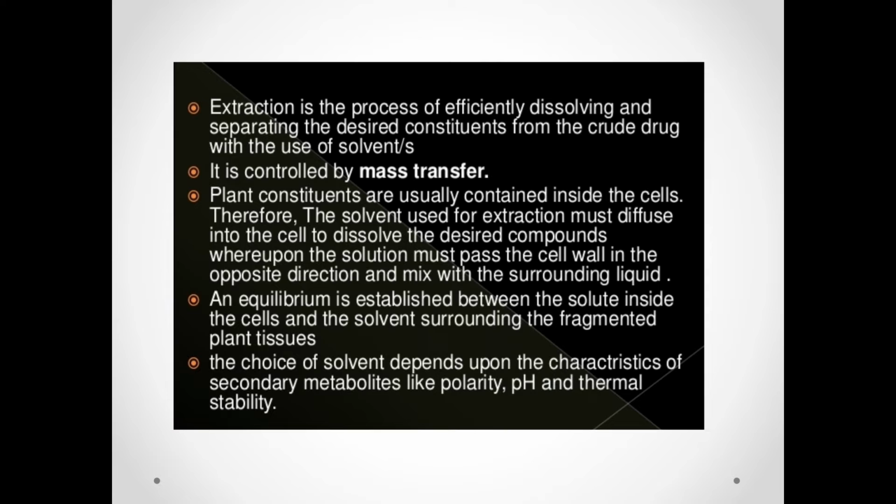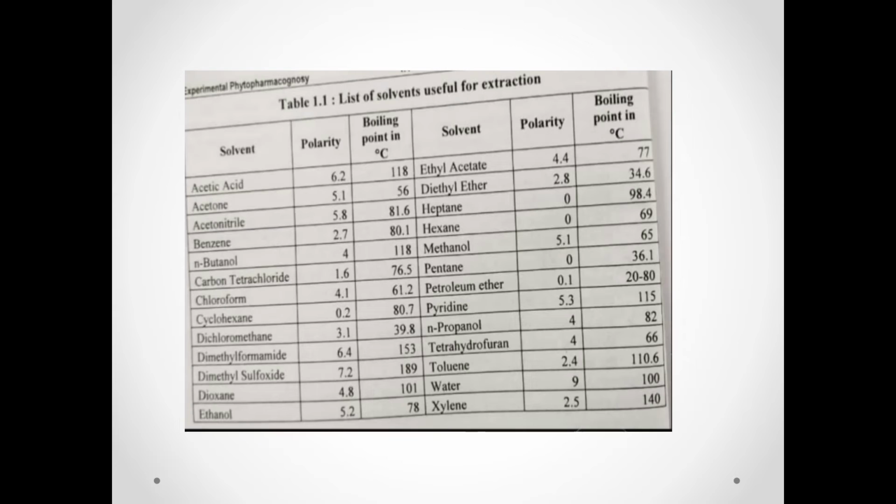An equilibrium is established between the solute inside the cell and the solvent surrounding the fragmented plant tissues. The choice of solvents depends upon the characteristics of the secondary metabolites like polarity, pH and thermal stability.